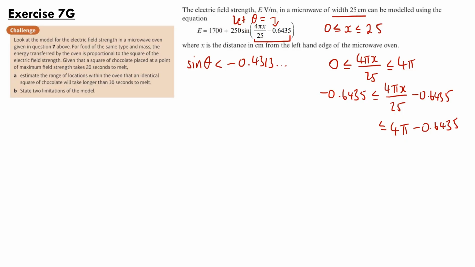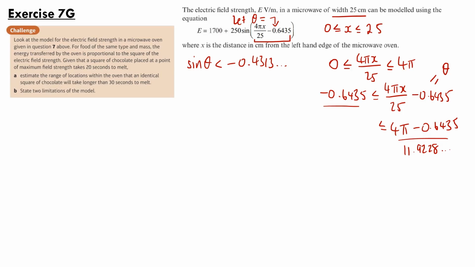So now we know we're solving the inequality sine of theta is less than minus 0.4313 between these two limits. And 4 pi minus 0.6435 is equal to 11.9228. We can keep that in mind when we're accepting or rejecting solutions for this range later on.